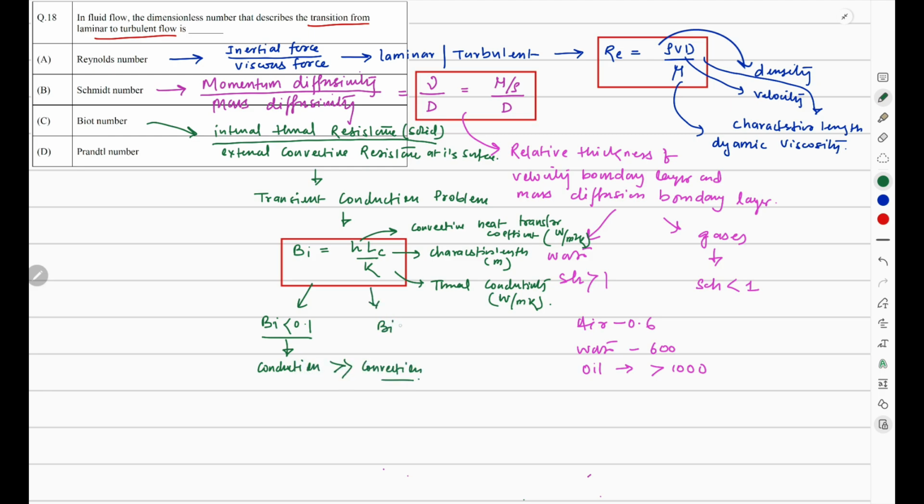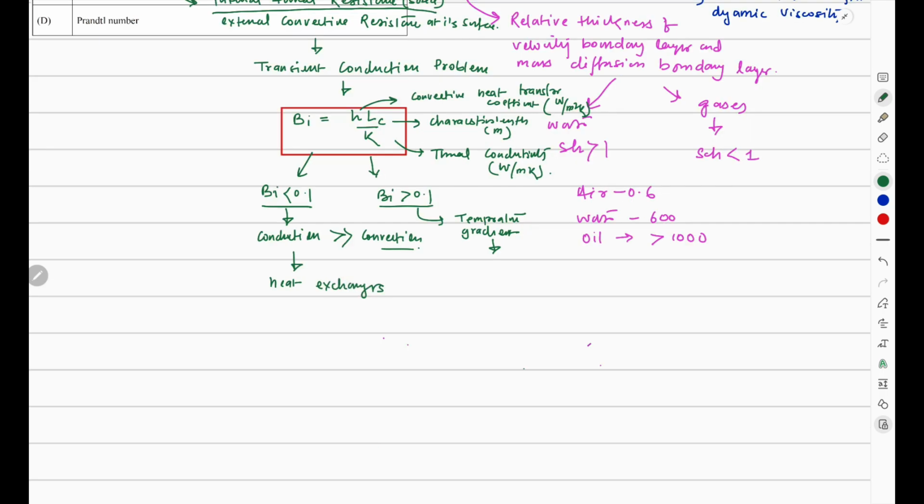For Biot number greater than 0.1, a temperature gradient exists inside the solid and the internal conduction must be analyzed. This is used in unsteady state heat conduction problems. It helps in designing heat exchangers, electronics cooling, and thermal insulation.